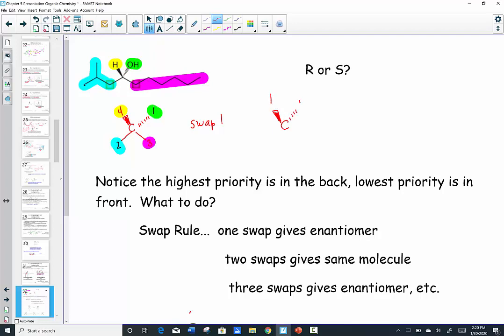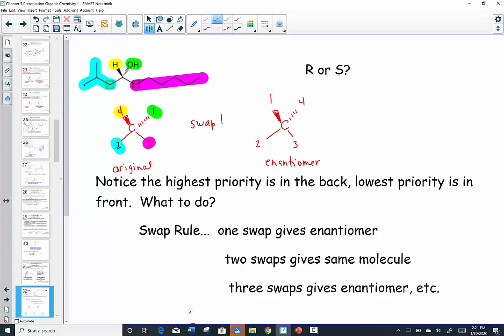Priority 4 becomes the dash. And these guys stayed the same. So swap 1 says you're only allowed to swap 2 bonds. Break number 1, break number 4, and swap their place. Now, remember, this is the original. So swap 1 says this is the enantiomer.